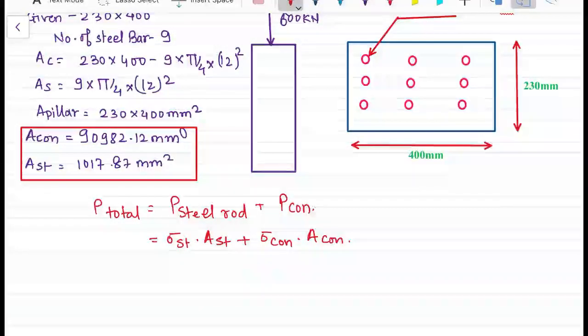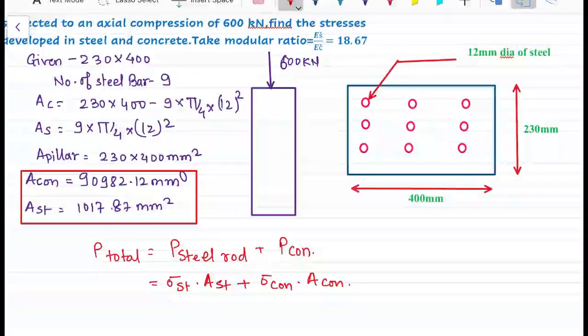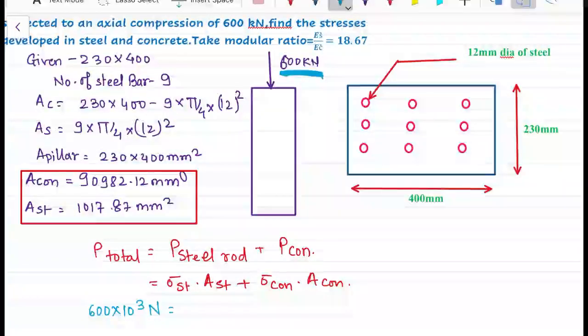We have already calculated the cross section areas, so we will substitute them, and the total load is given as 600 kilonewton. The total load will be 600 into 10 to the power 3 Newton. Whenever we are solving a problem, we will always convert our units to Newton and mm.